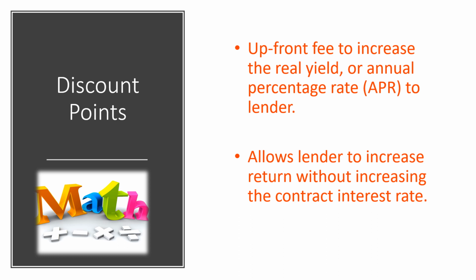It allows the lender to increase the return, make more money, without increasing the contract interest rate. So what happens is the interest rate on the contract that they're paying every month on the unpaid balance is not the APR.